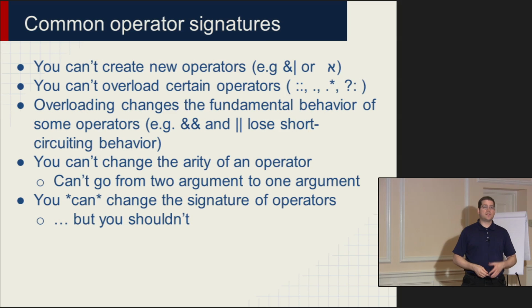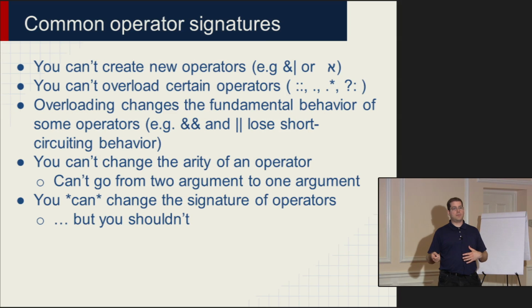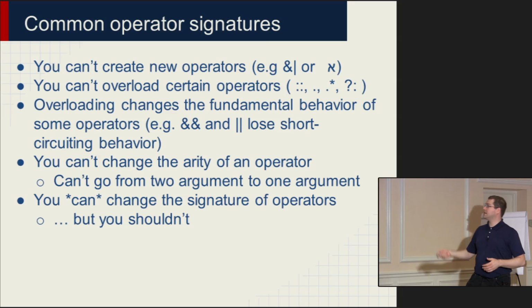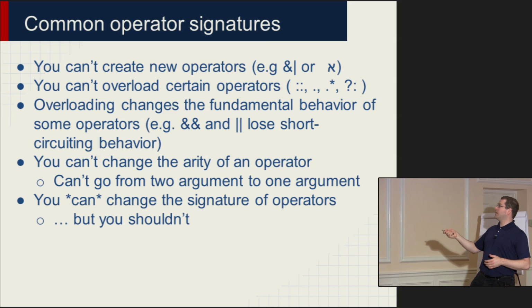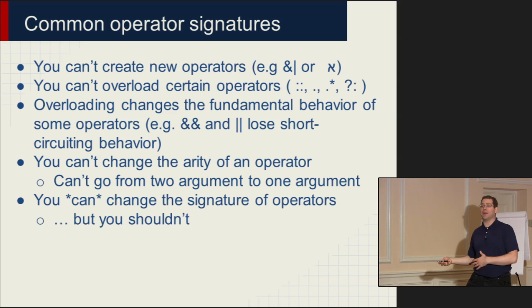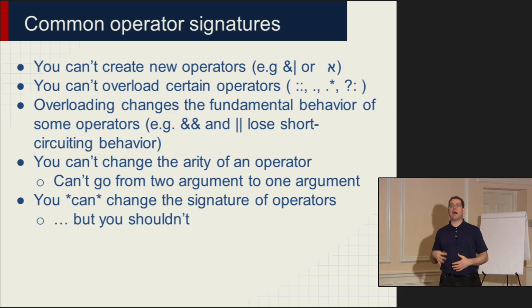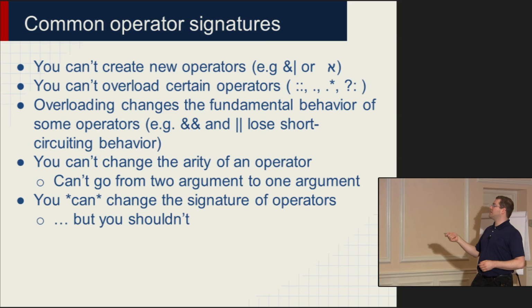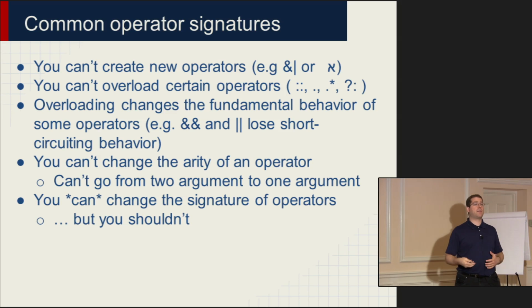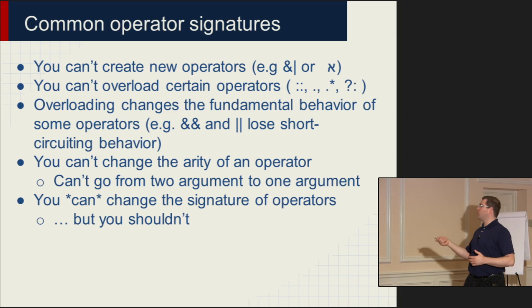All right, so there are some limitations to operator overloading in C++. You can't create new operators, so you can't combine symbols or add additional symbols to make new operators. You have to stick with the set of operators that C++ provides. There's also a limitation on certain operators that you can't overload. Many of the common operators can be overloaded, but some of the more specialized operators can't be.